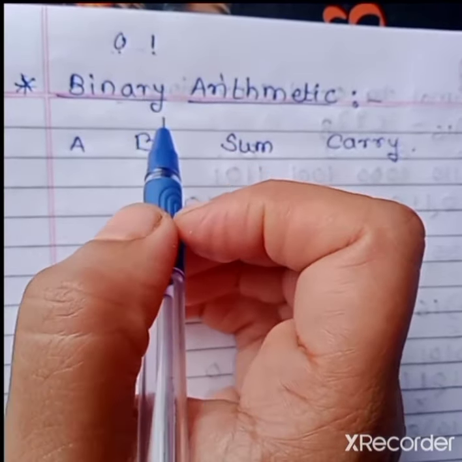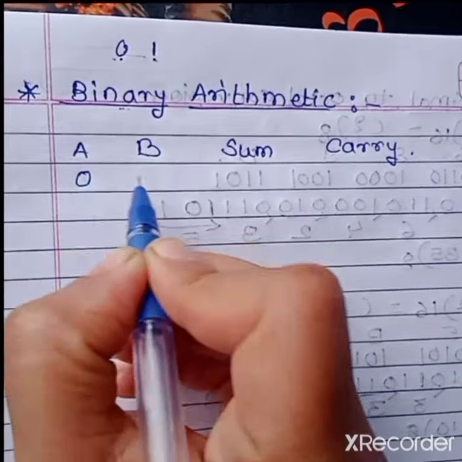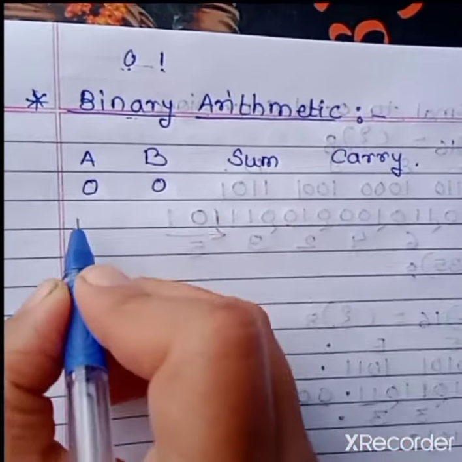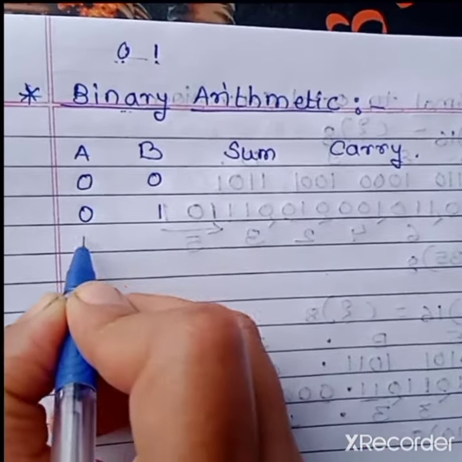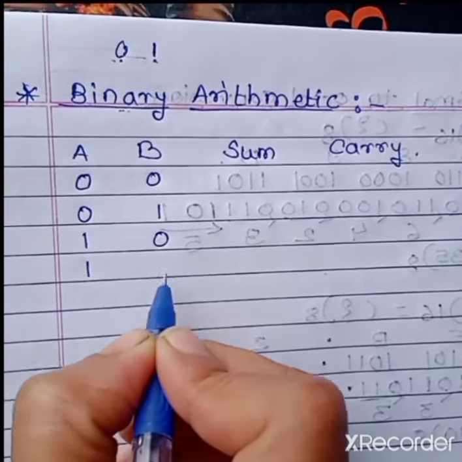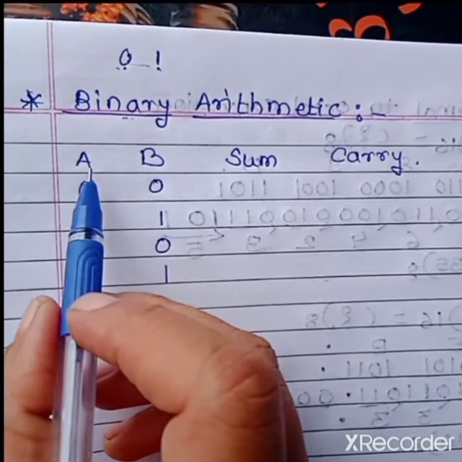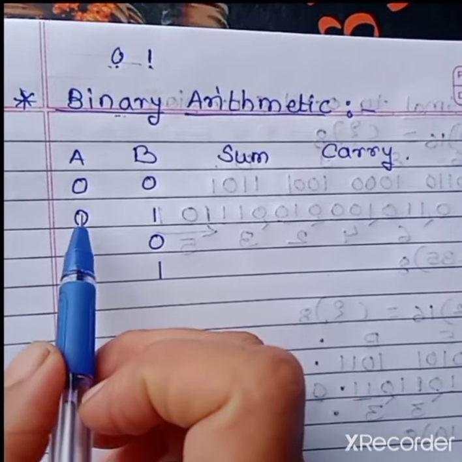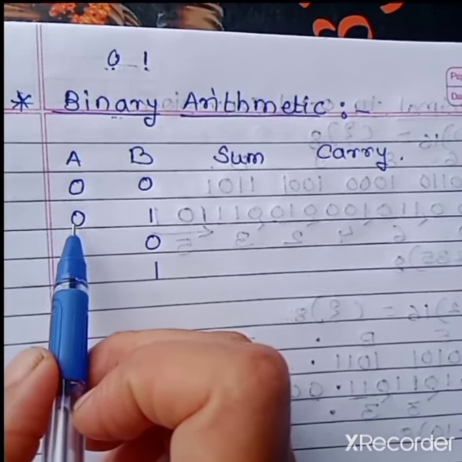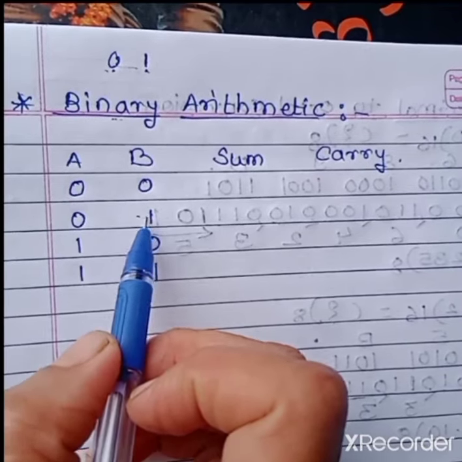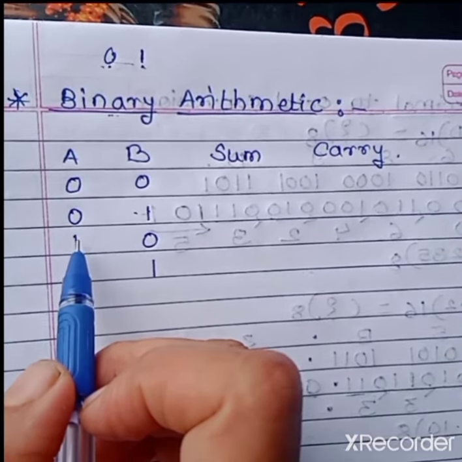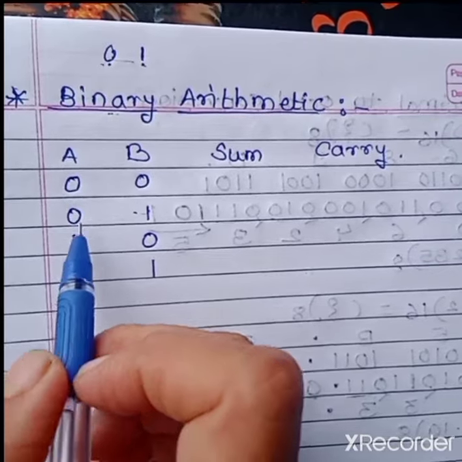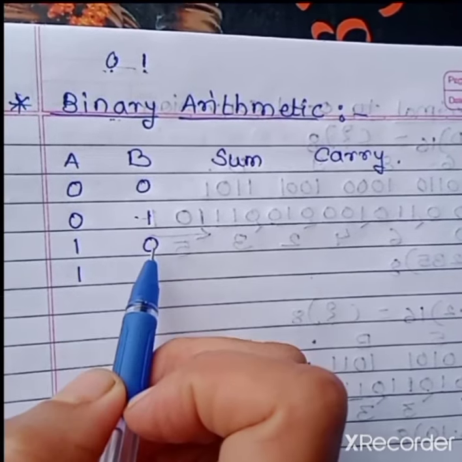For 0 plus 1 we are making A bit 0 and B bit 1, and for the next operation we are interchanging, making A bit 1 and B bit 0.